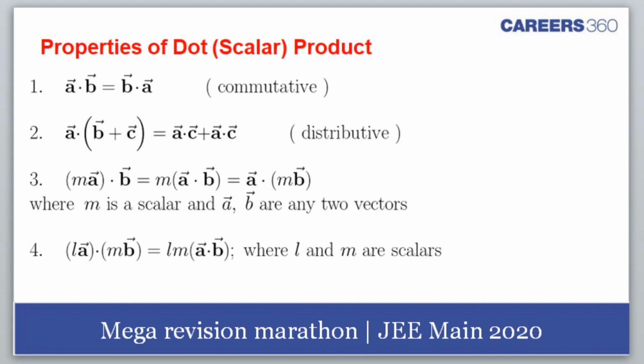Then properties of dot product: it is commutative, it is distributive, and m A dot B would be equal to m times A dot B. And similarly the fourth point.